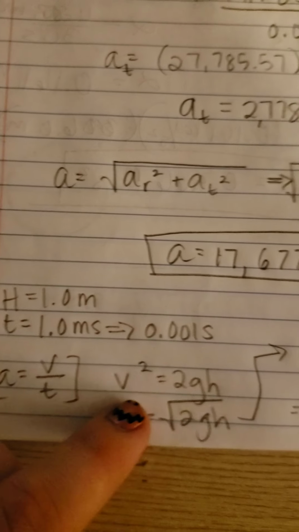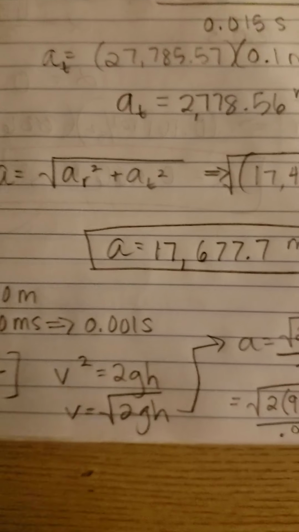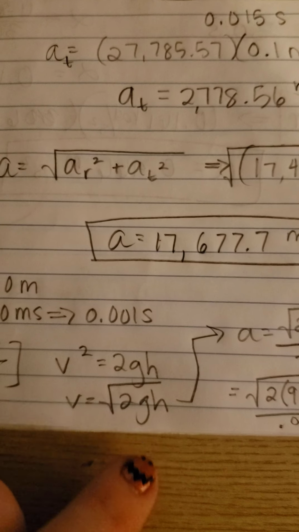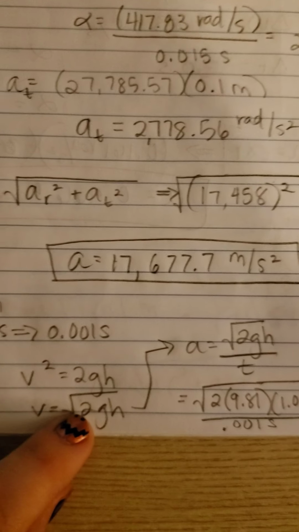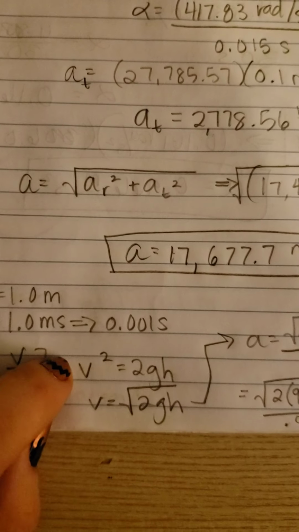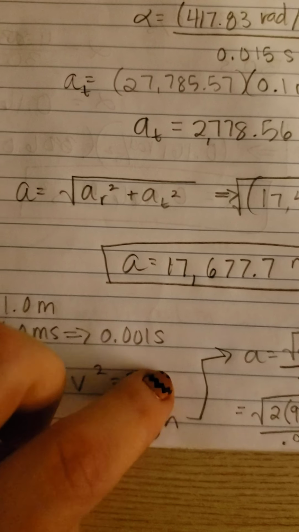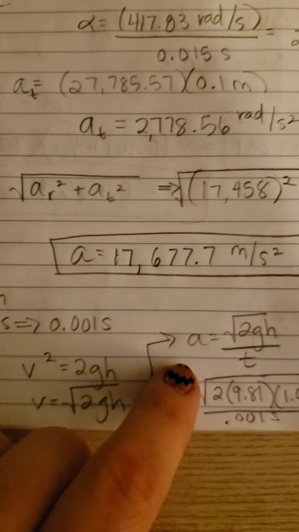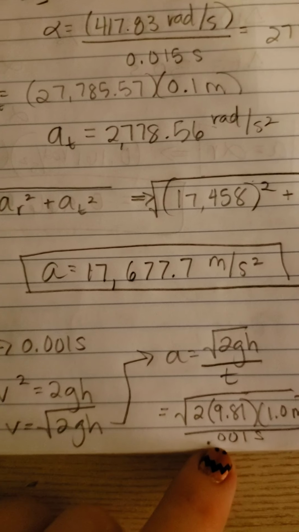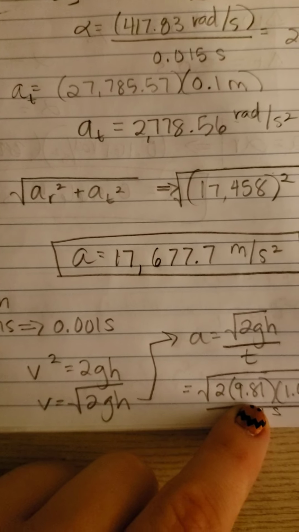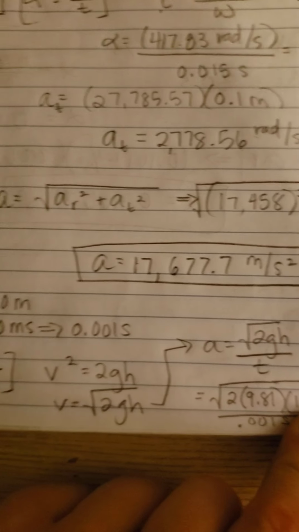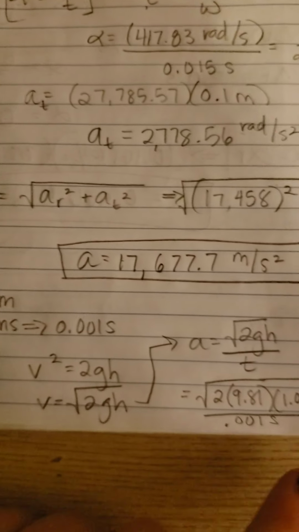To find our velocity, we want to use the equation for falling objects, which is just velocity squared equals 2 times gravitational acceleration times the height. Plug in our numbers there, 9.81 for gravitational acceleration, 1.0 meters for the height.